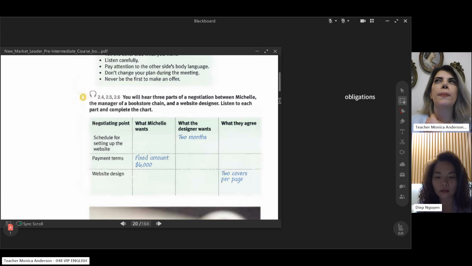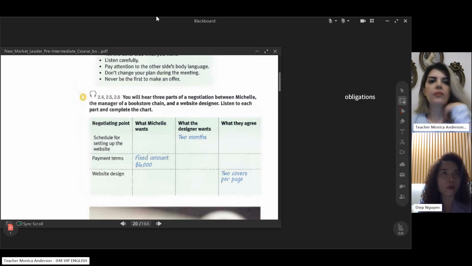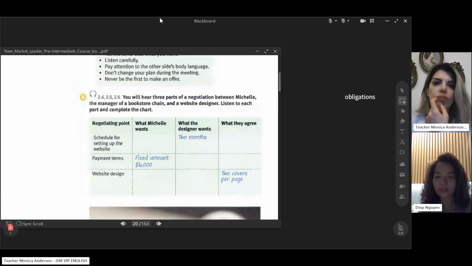So, I think, yeah, one side wants it done in a month. One side proposes 2 months, but after that they agree that the designer can try their best.